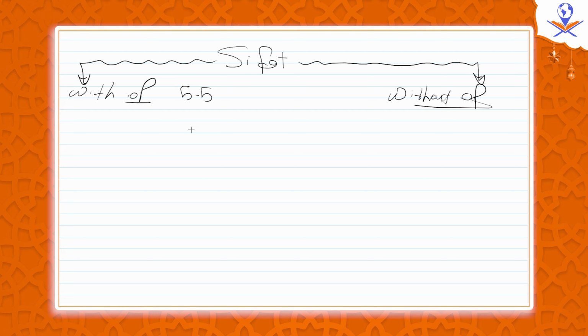For example, we have something named hams. Then the opposite of hams is something named jahr. I'm going to translate everything. So this is number one. Number two, we have الشدة, the opposite الرخاوة.